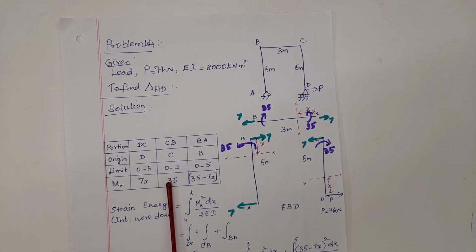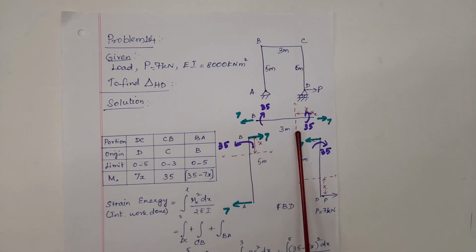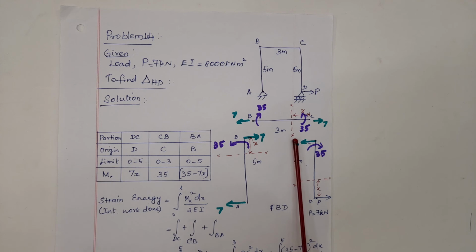Next, for CB. For this beam, a section is taken at a distance of x from C. Here, if I am going to take a section from C, the loads and reactions from C up to this section have to be considered.